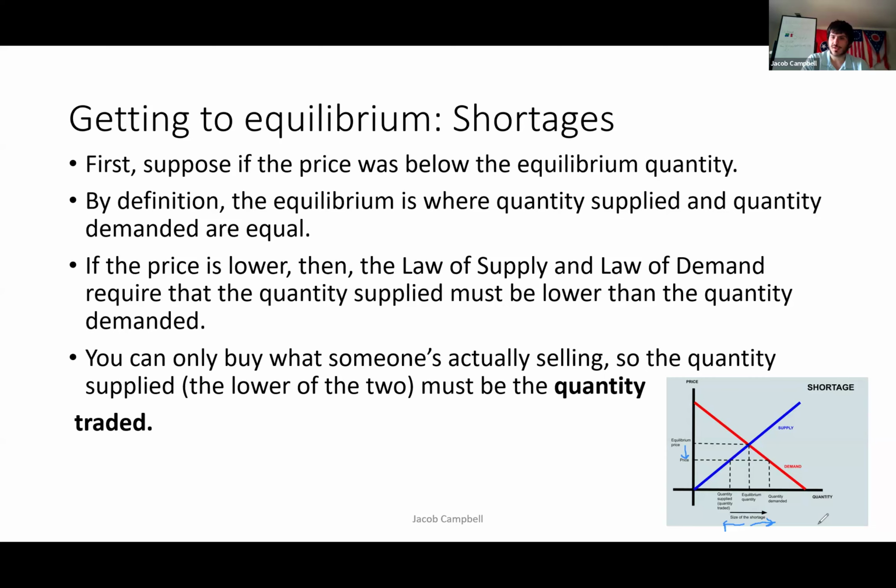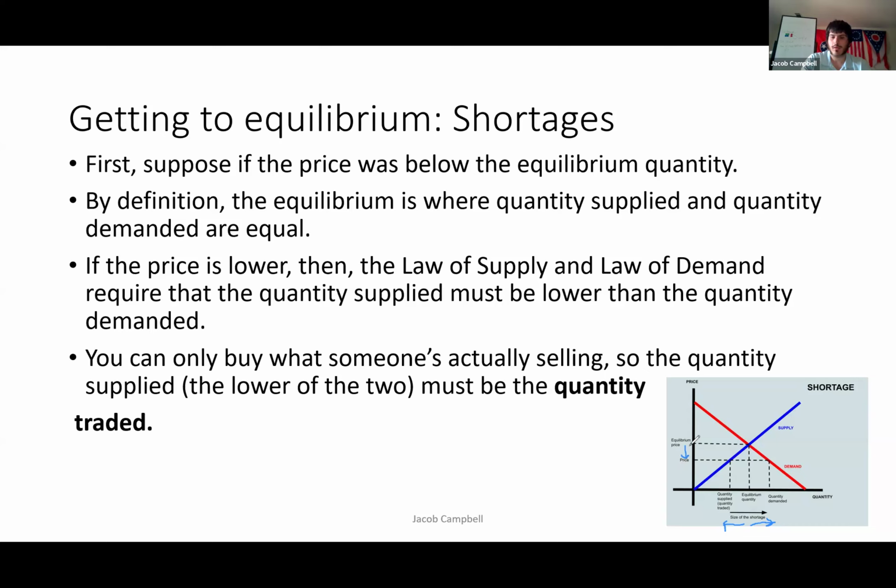Now, this presents a problem. You can only buy what someone is actually willing to sell you. And likewise, you can only sell what someone is actually willing to buy. And so of these two numbers, the minimum is going to be the quantity that is traded, the quantity that actually gets bought, actually gets sold in the market.